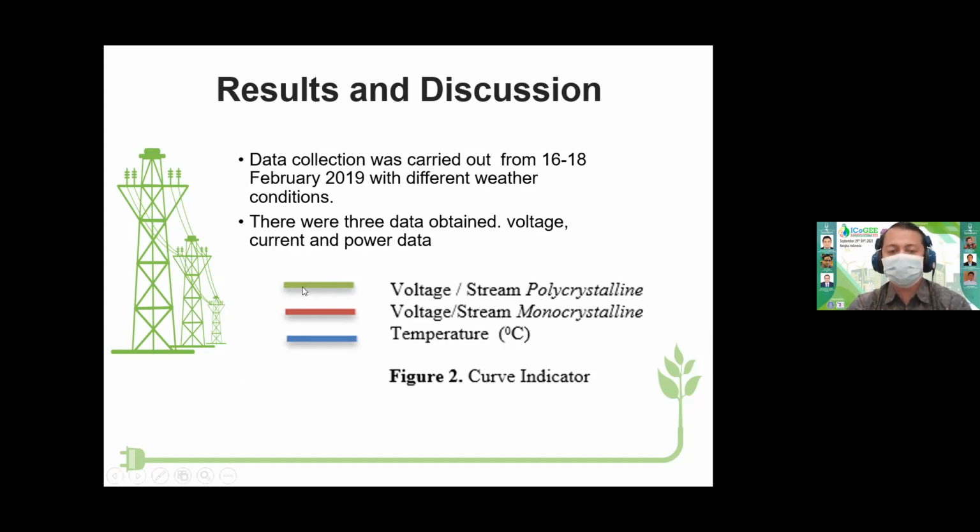In this graph, the green line is the voltage of the polycrystalline, the red line is the voltage of the monocrystalline, and the temperature is the blue line. This is figure 2, the curve indicator.